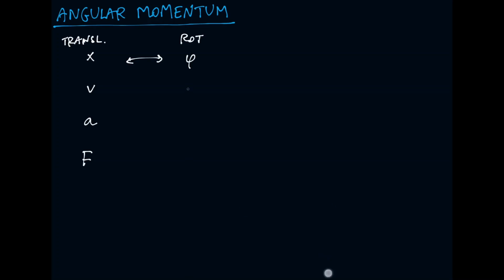the rotation angle, the angular velocity omega, the angular acceleration alpha, and the torque tau, which, by the way, you may remember we defined as this weird-looking vector product between the lever arm and the applied force.